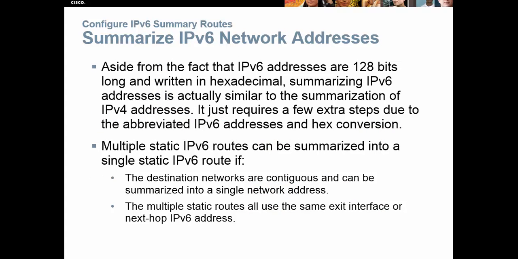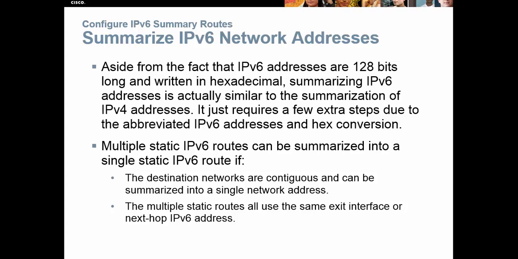Aside from the fact that IPv6 addresses are 128 bits long and written in hex, summarizing IPv6 addresses is actually similar to the summarization of IPv4. It just requires a few extra steps because of the abbreviated IPv6 addresses and hex conversion.